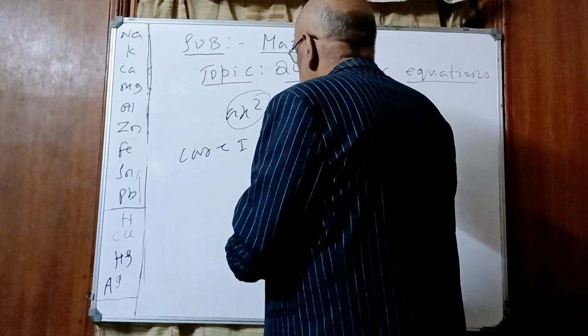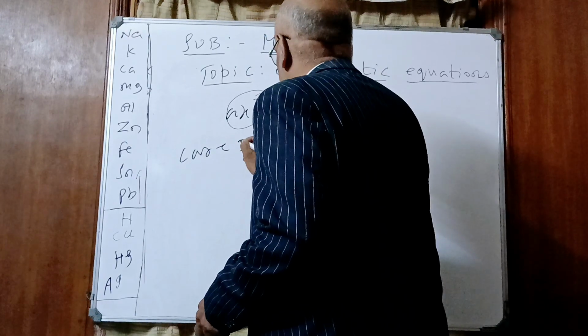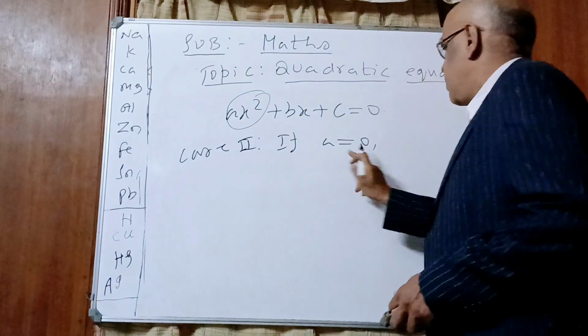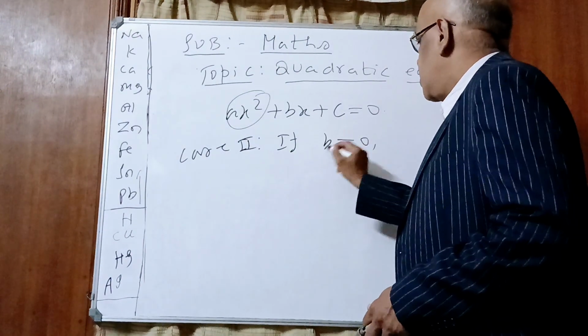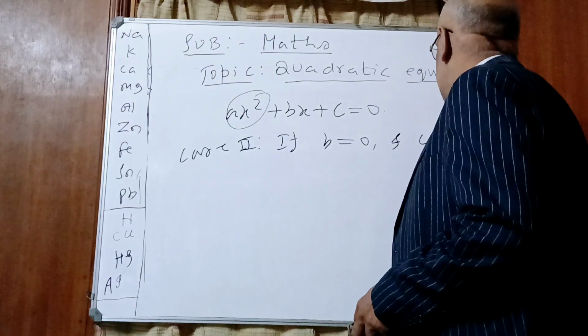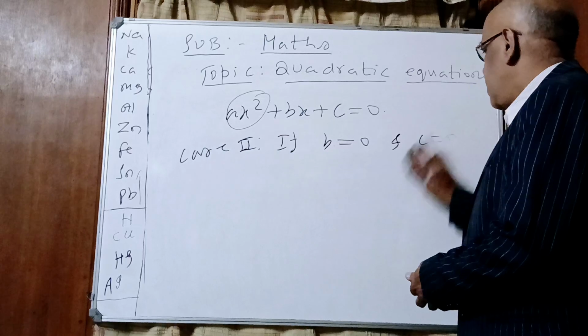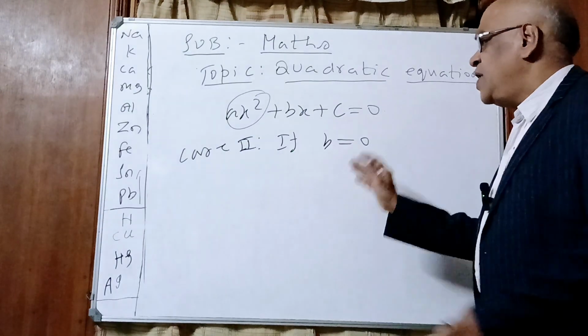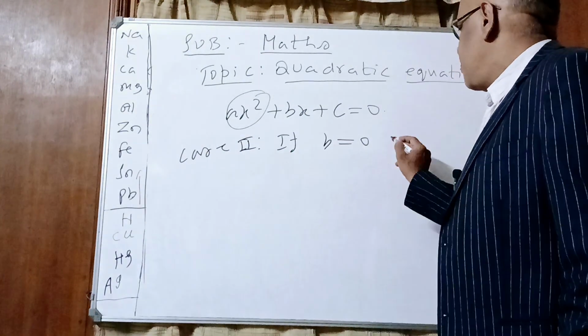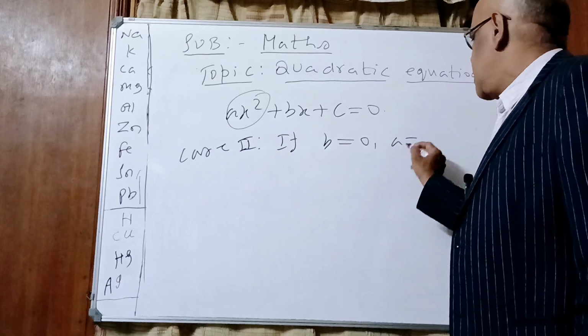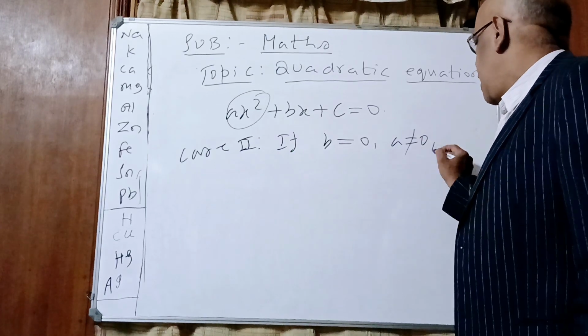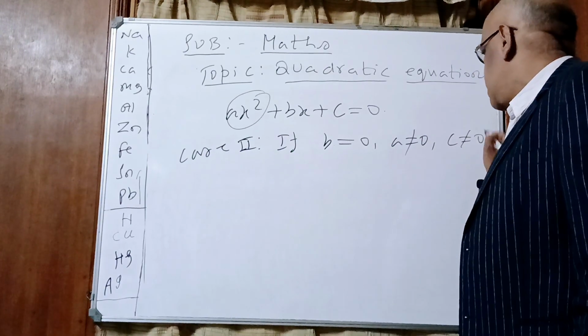Then come to case 2, children. If b is equal to 0 and c is equal to 0. If both are 0, I will take them one by one. If b is equal to 0, what will happen, children? It means a is not equal to 0 and c is not equal to 0.